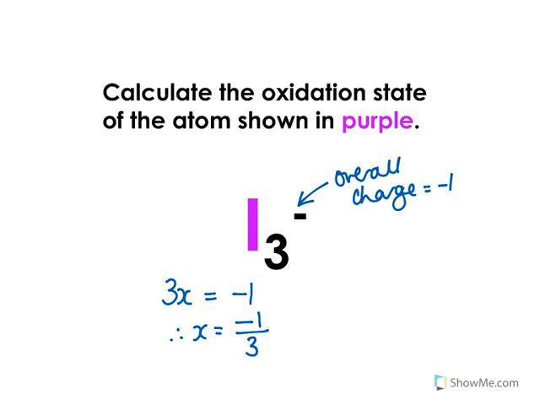So it is possible sometimes to get a fraction for an oxidation state, and that kind of makes sense here, because if this overall ion has charge -1 and it's got 3 identical iodine atoms present, so they would all have exactly the same electronegativity, then it makes sense that that -1 charge is spread out over all three of those atoms, so -1 over 3 each.